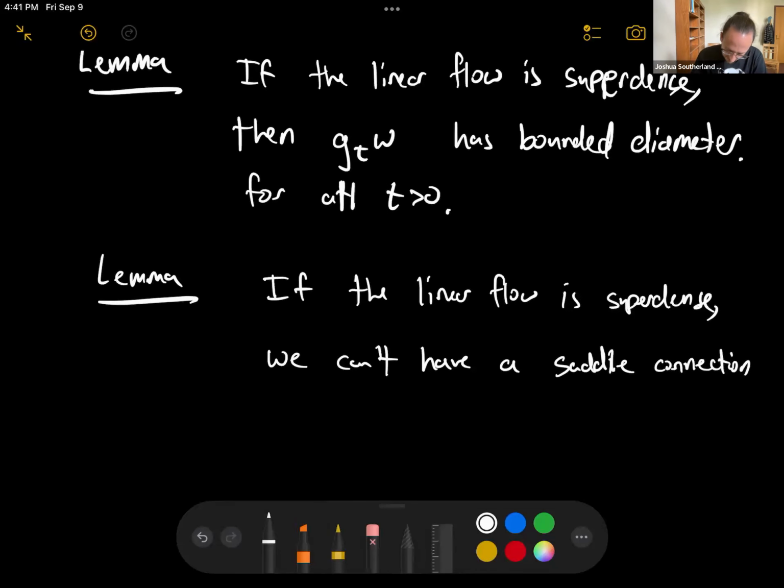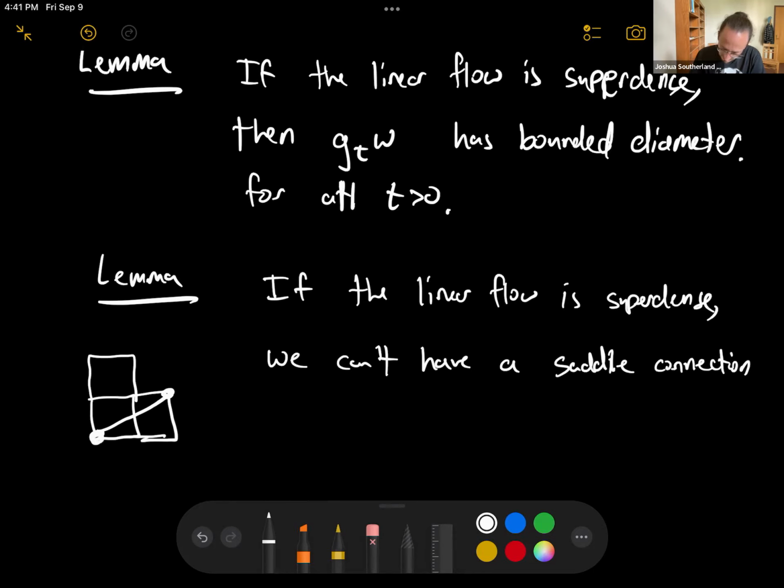The saddle connection would be, say, I have a singular point on the surface. A saddle connection is just something that connects singular points. Okay. So we can't have a saddle connection.